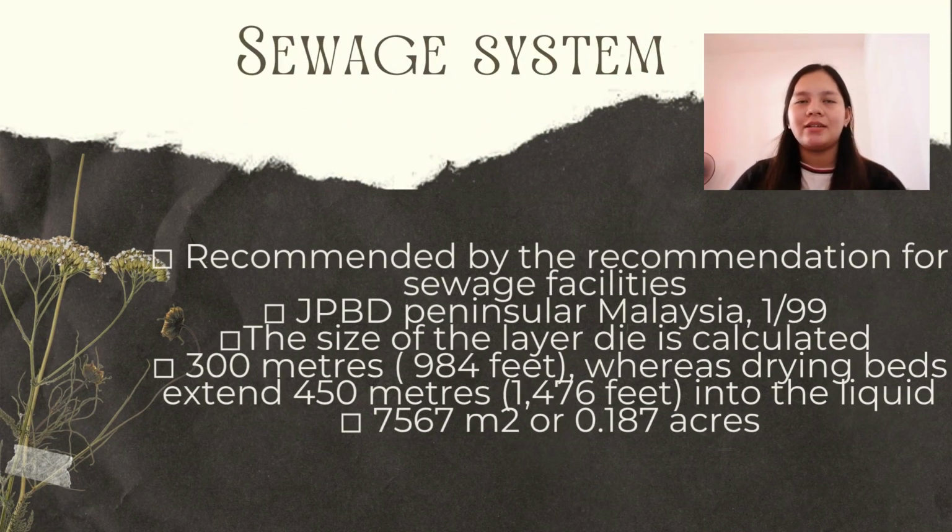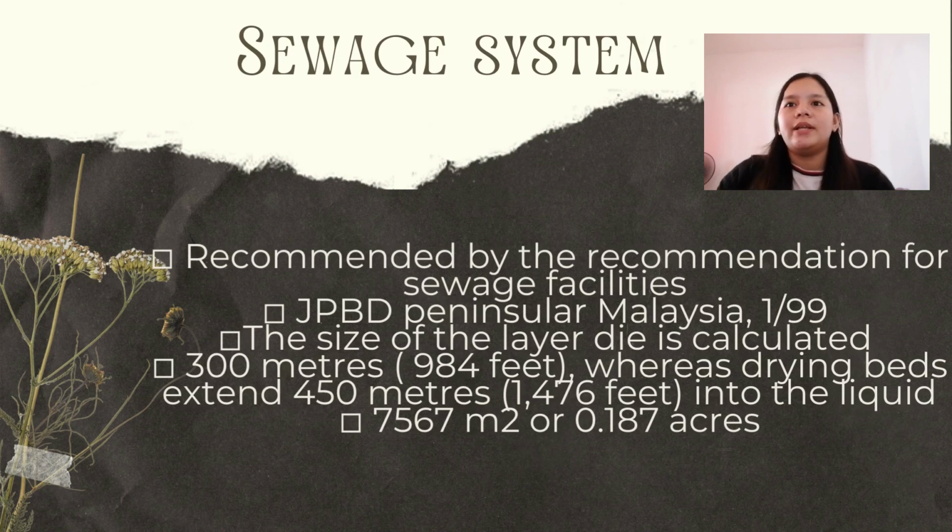So the last discussion is sewage system. It is recommended by the Recommendation for Sewage Facilities JPPD Peninsular Malaysia 1/99 that the capacity of the sewage tank be determined using the volume of waste that would be produced in 1 month.